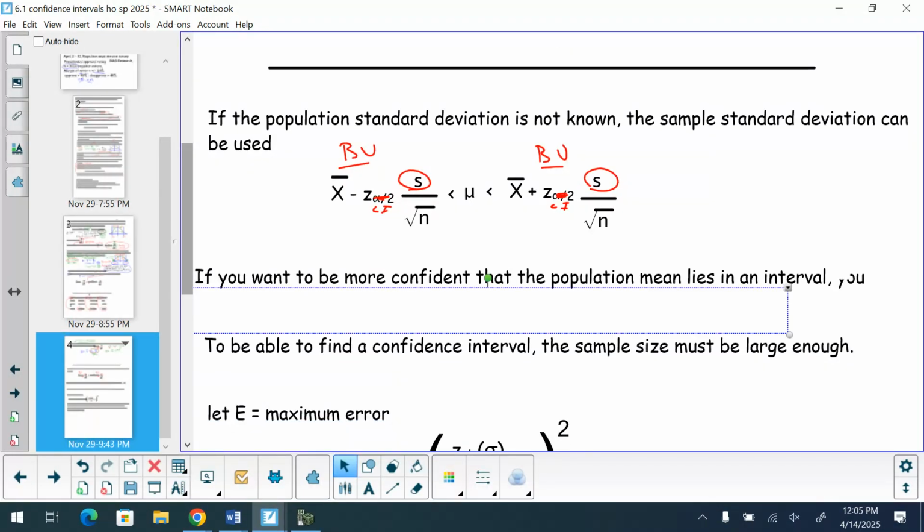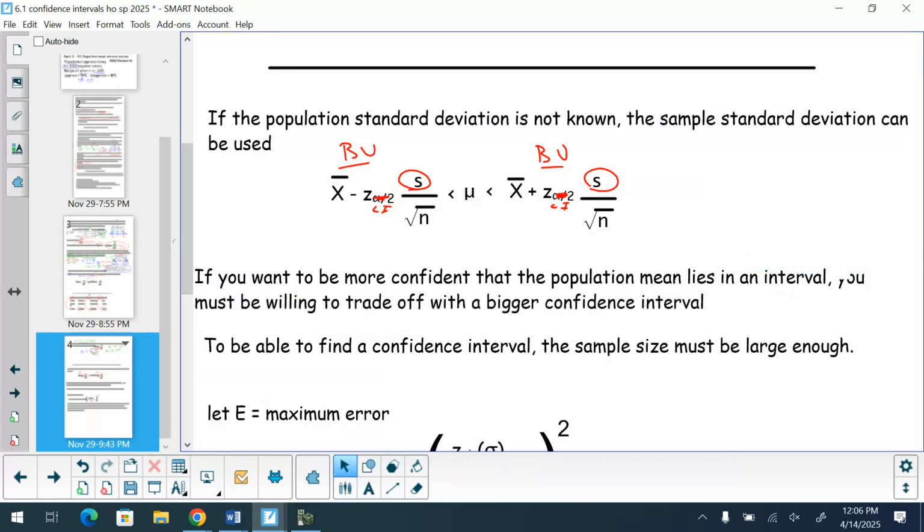Some ideas to pull from this. If you want to be more confident the population mean lies in an interval, you must be willing to trade off with a bigger confidence interval. The reason why is all the values stay the same except for the z-value.